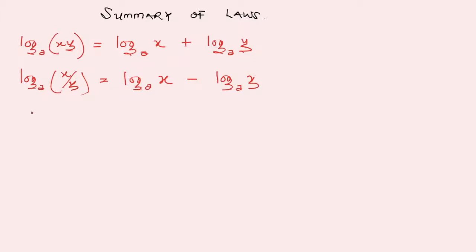The third one says that if you have log to the base a of x raised to power b, this is equal to b log to the base a of x. The fourth one says that if we have a raised to power log to the base a of x, then this is simply equal to x.